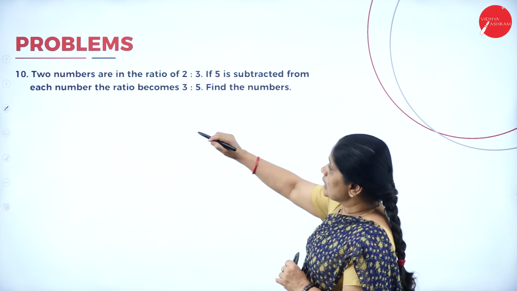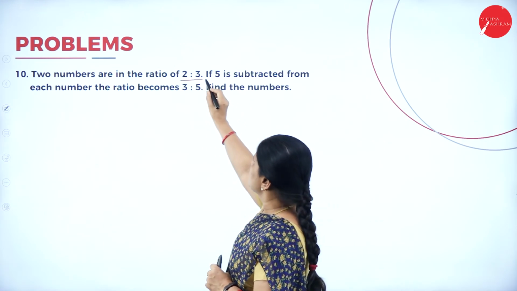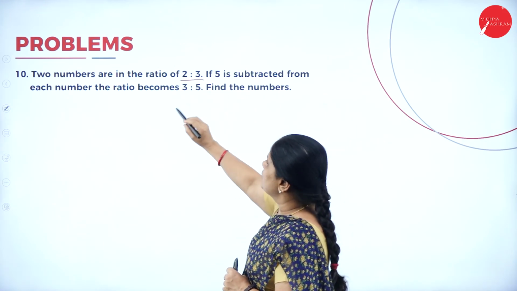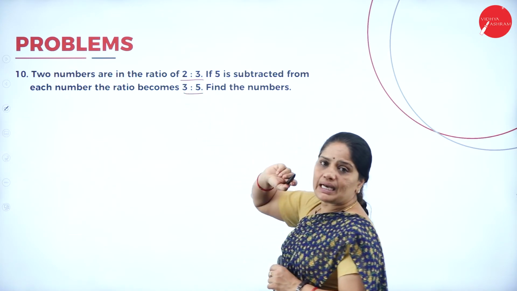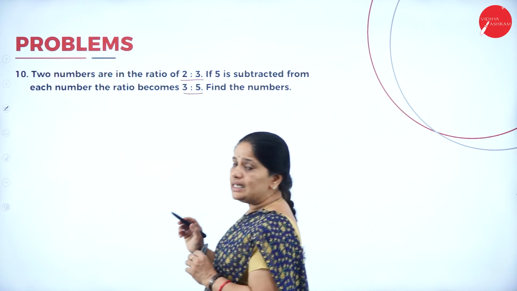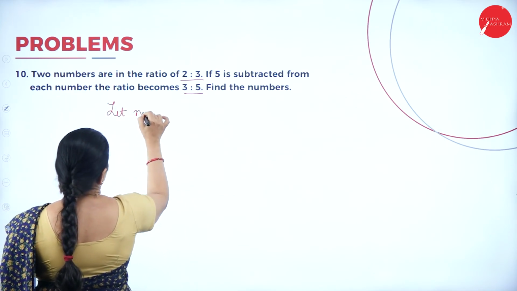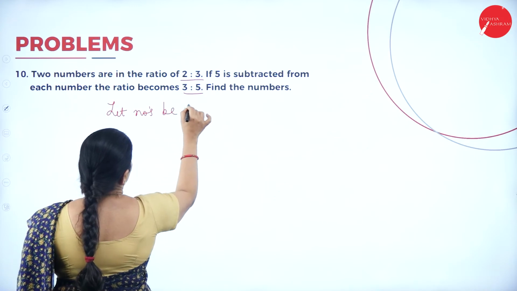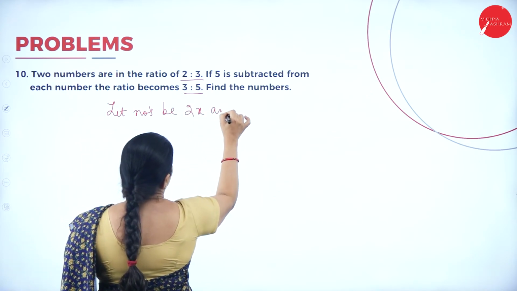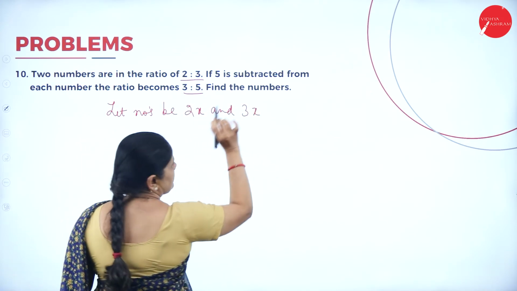Then, two numbers are in the ratio of 2:3. If 5 is subtracted from each number, the ratio becomes 3:5. Find the numbers. So, let the numbers be 2x and 3x.